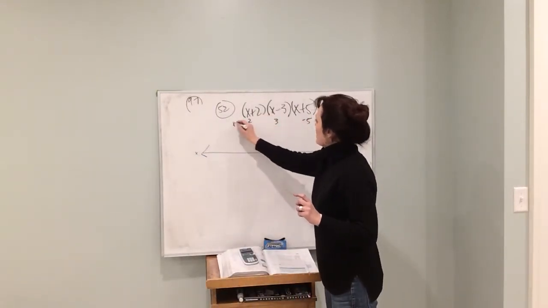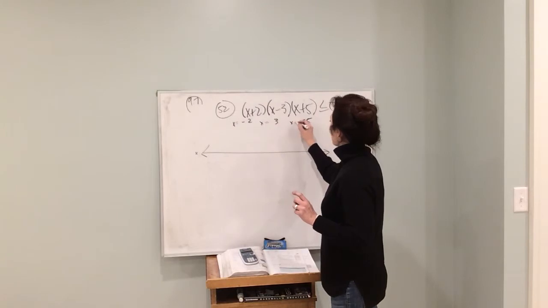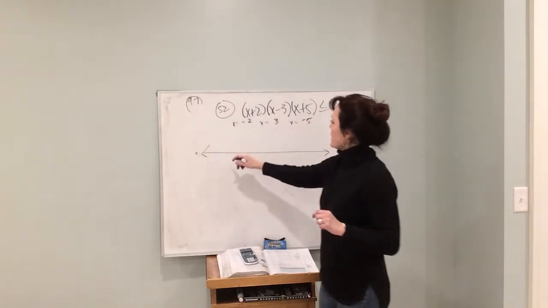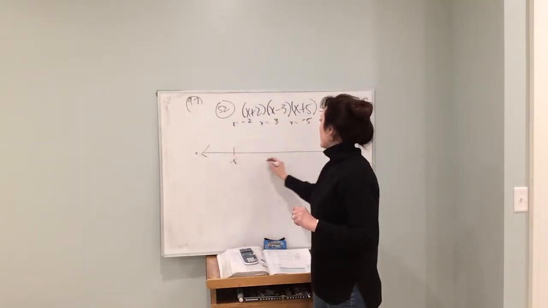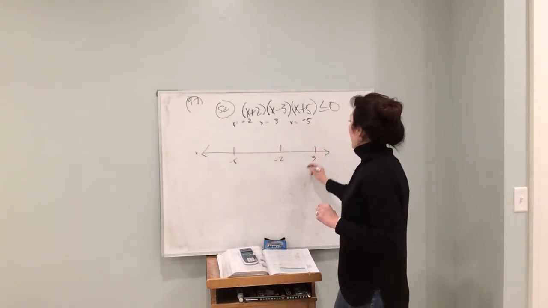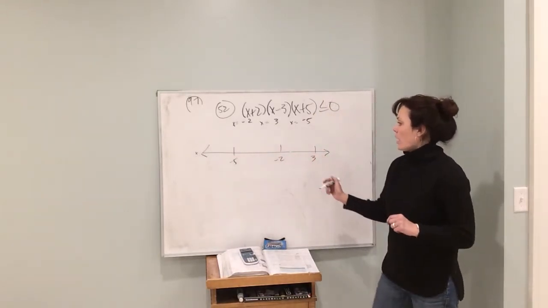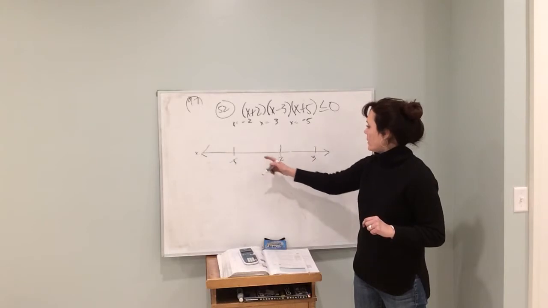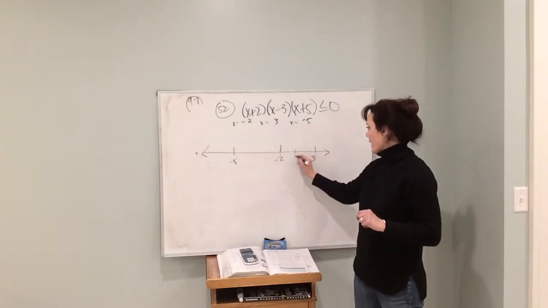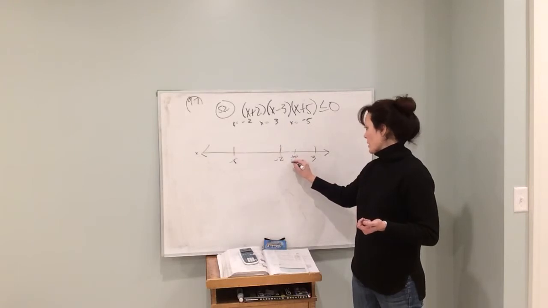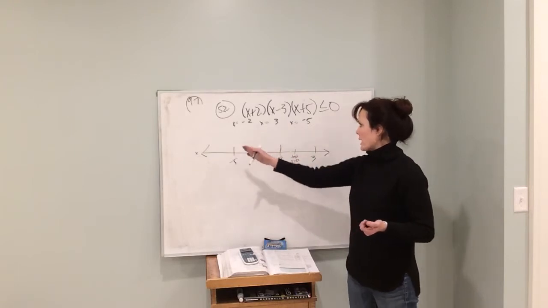So x equals -2, x equals 3, and x equals -5 are my zeros. This is where it's equal to 0. So I have x equals -5, x equals -2, and x equals 3. I am going to have to do a test point. I like to choose 0 just because computationally it's really easy, but you could choose any interval.